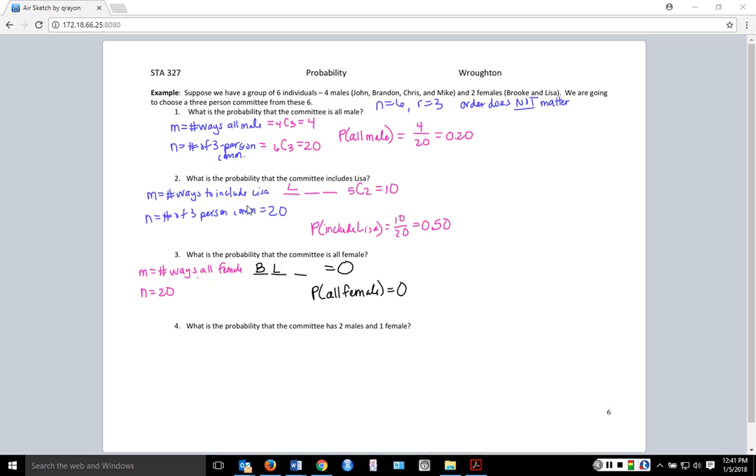Right, another example is the probability that the committee has 2 males and 1 female. So as you can probably see my pattern here, my N is going to be 20 because I haven't changed that. M is the number of ways to have 2 men and 1 woman.